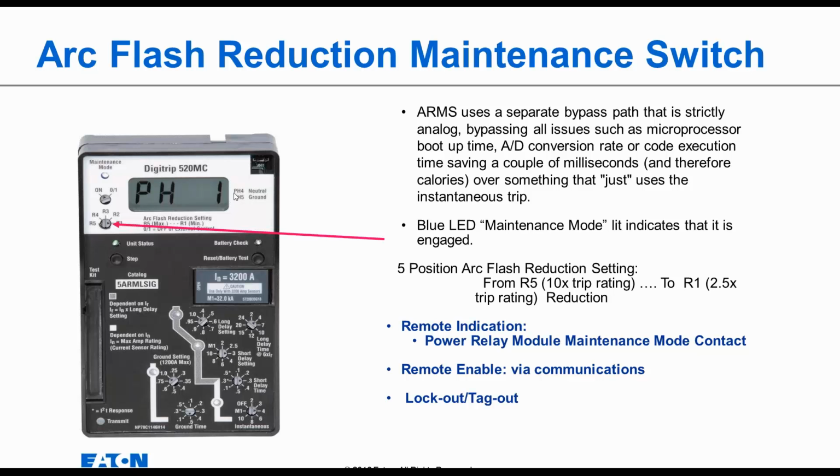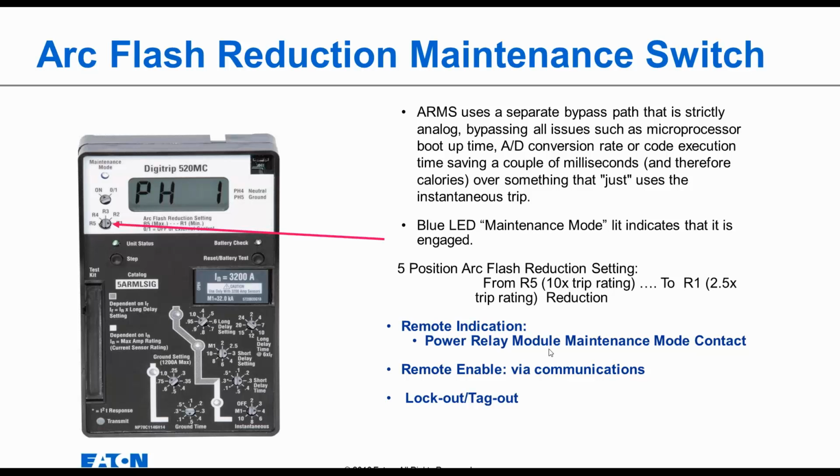So they set this to the level of instantaneous current that the load may draw, such as a motor that starts up. You can vary this from 2.5x to 10x the rating of the breaker. And that's the pickup point where the trip unit will say, okay, now I'm going to trip on maintenance mode.